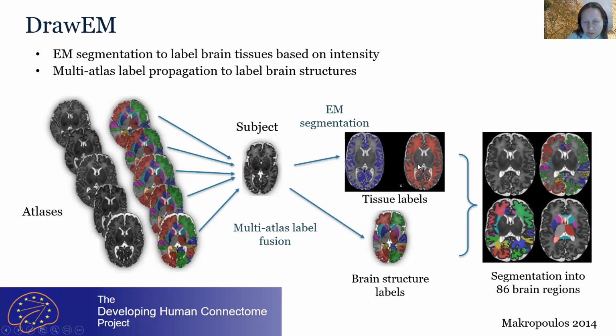Once we have these tissue labels obtained based on intensity and the structure labels obtained based on multi-atlas label fusion, we can merge them to create segmentation in multiple brain regions. So this segmentation is high quality and very detailed.